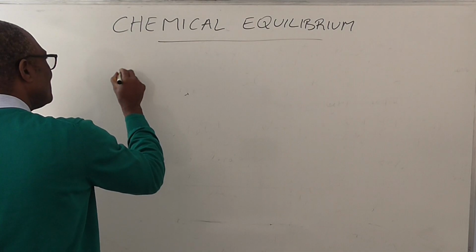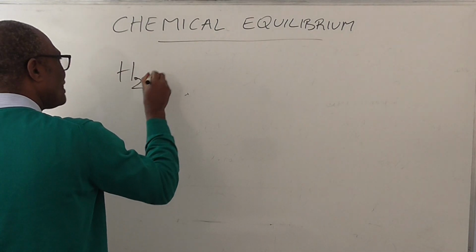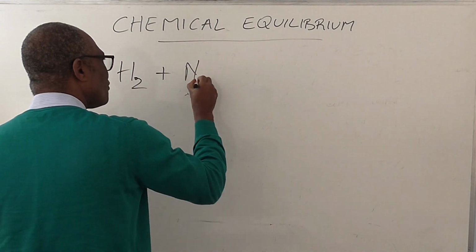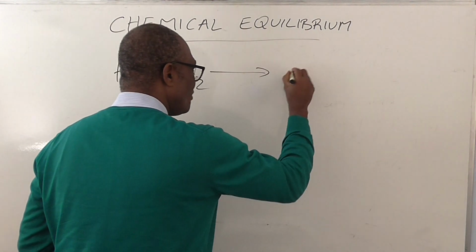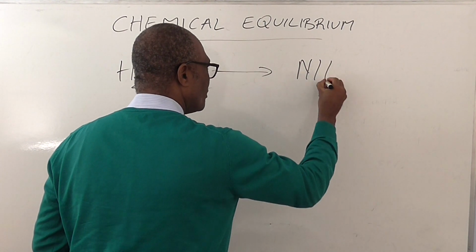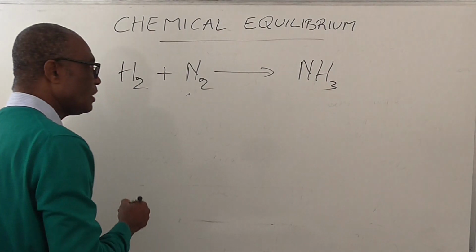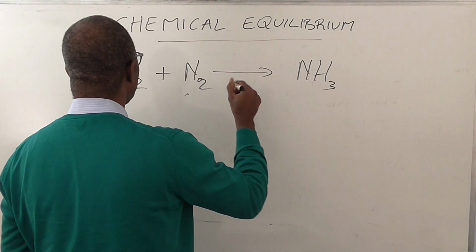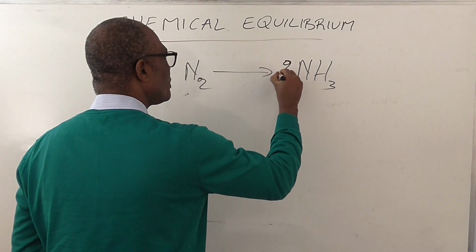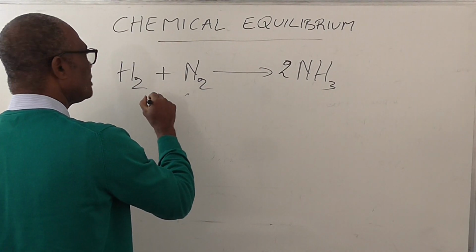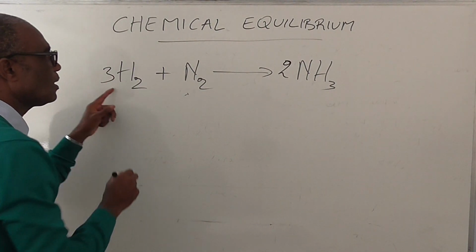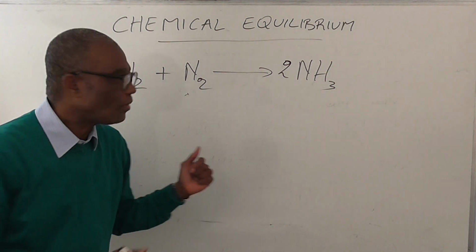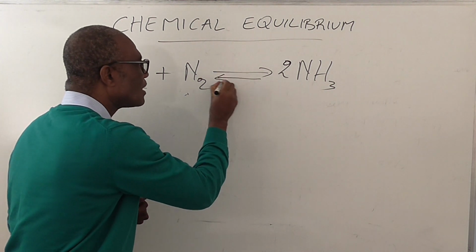We have hydrogen reacting with nitrogen to give ammonia. If we put two here, and then we put three there. Now look, we have this.